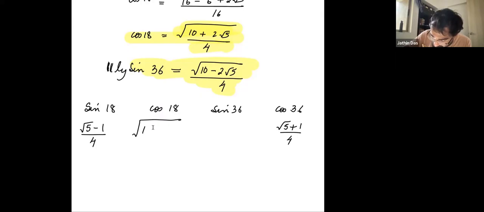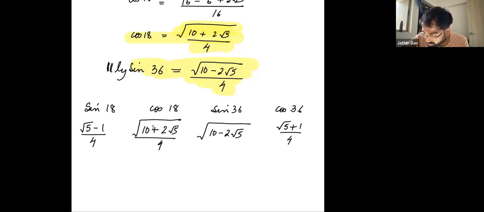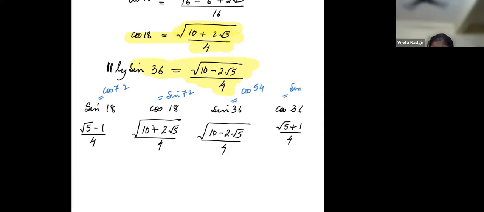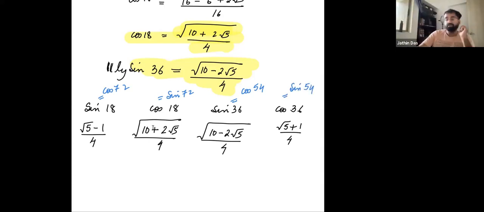In between, the weird value will come: root of 10 plus 2 root 5 by 4. And sin 18 is equal to cos 72, and this is sin 72, and this is cos 54, and this is sin 54. So all the values are covered. If 18 is covered, 72 is covered; 36 covered, 54 is automatically covered.